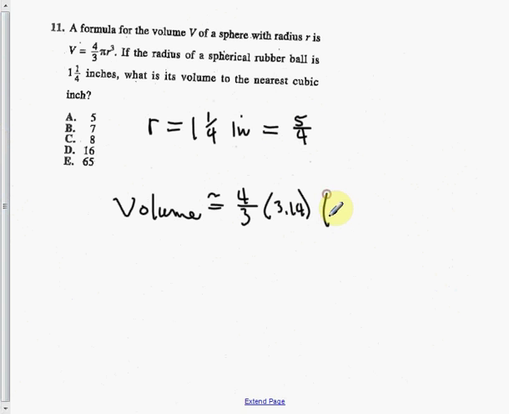And then this is times the radius, 5/4, and that's to the third power. And so now, on your calculator, you just punch those numbers in.